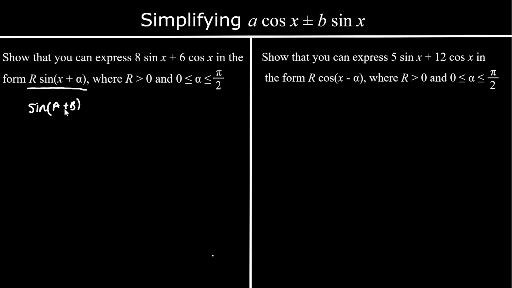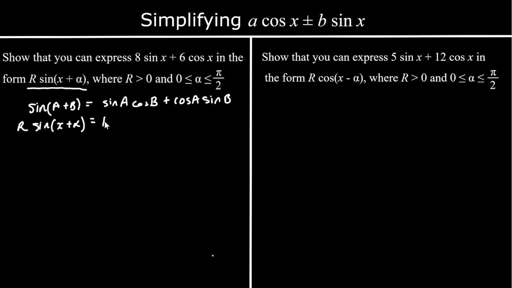So our sine a plus b is sine a cos b, this is in the formula book, plus cos a sine b. I'm going to change a to x, b to alpha, and I'm going to multiply through by r. So it's going to become r sine x plus alpha.